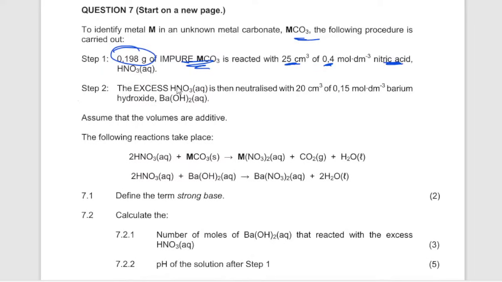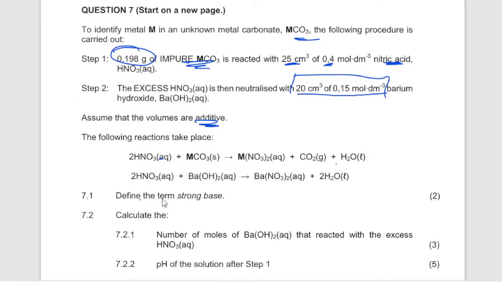Yes, so the excess nitric acid will react with this barium hydroxide. Okay, assume that the volumes were additive. All right, the following reaction takes place, and you have this plus this gives you that.